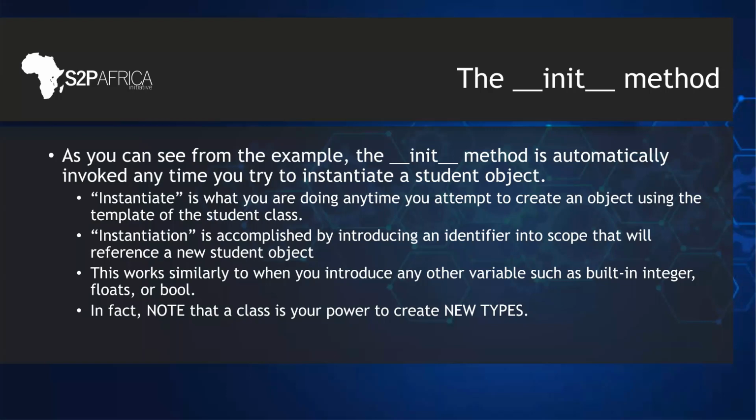It knows that a student should have a max of 6 subjects, so it will pick Azubuike's 6 subjects and attach them. By the time it finishes defining the data members for Azubuike, it has created or instantiated that particular student. So every time you try to create Azubuike, the init method is called. If you want to create Ademola, the init method is called.